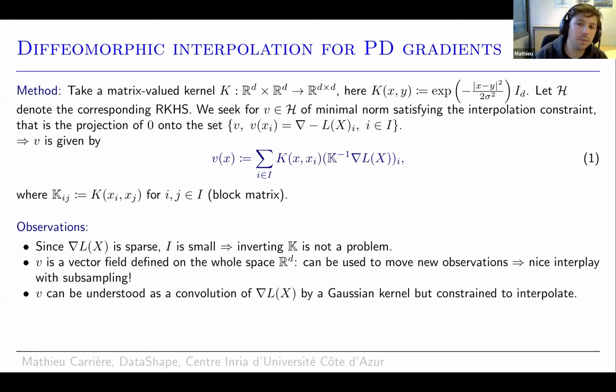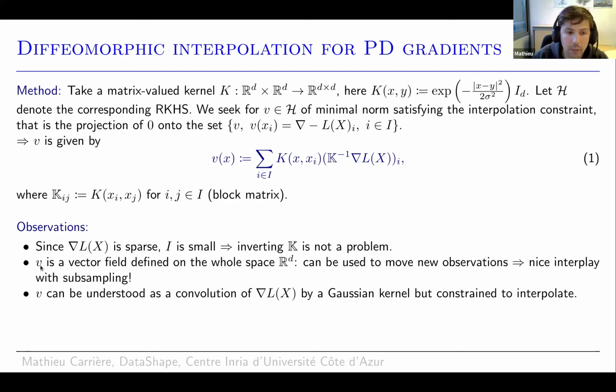Still, it can sometimes lead to numerical errors, because if the matrix is not well conditioned, inverting it becomes difficult, and you might sometimes get weird looking vector fields from one iteration to the next. But in practice, when we applied it, we didn't notice that much. So it wasn't that bad.